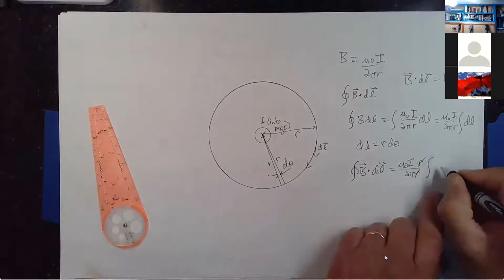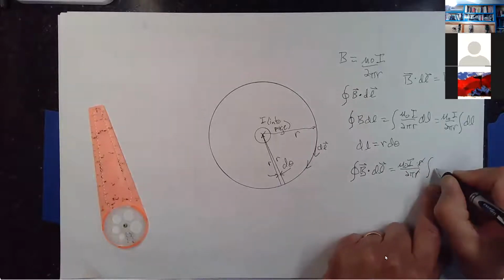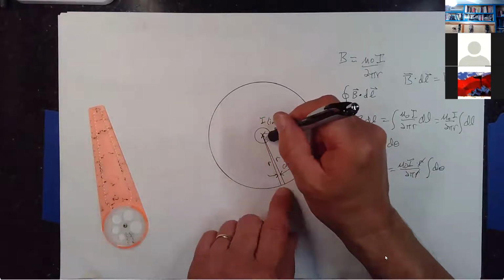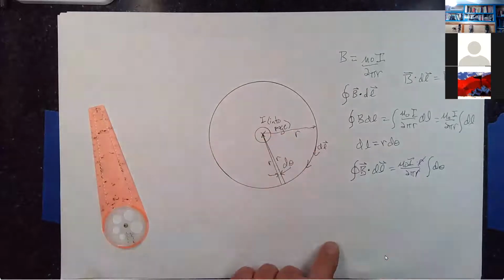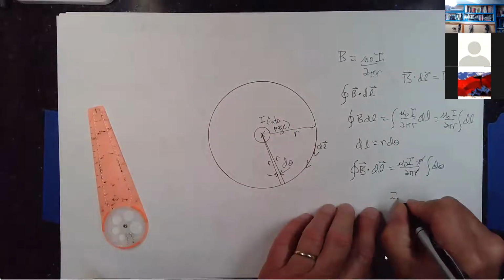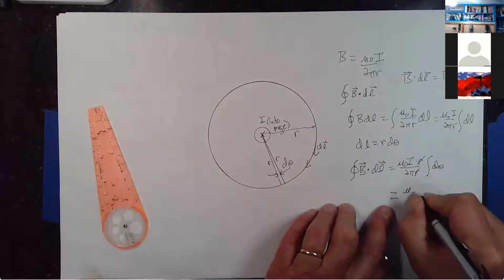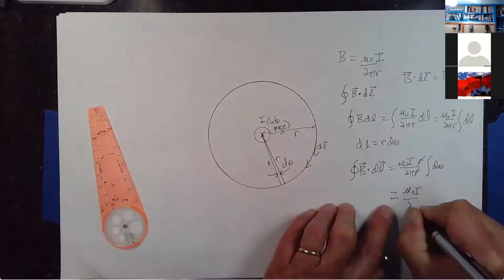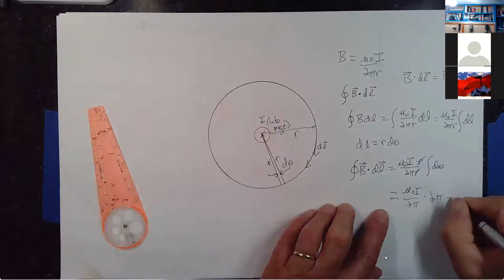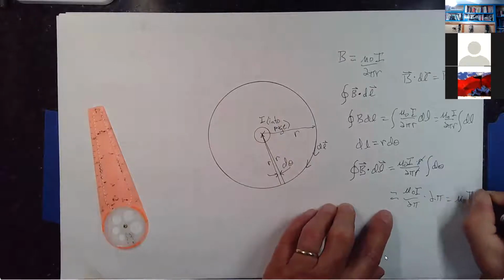Now what's left inside the integral is just d theta, and you're integrating the angle theta all the way around the circle, which gives you a 2 pi. And so what you end up with is this integral being mu naught I over 2 pi times 2 pi, which is just mu naught I.